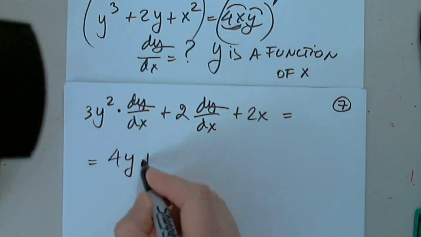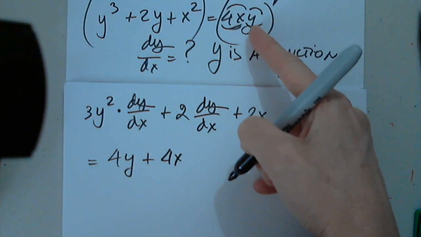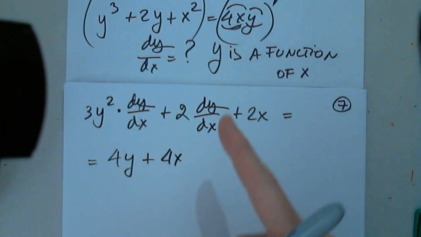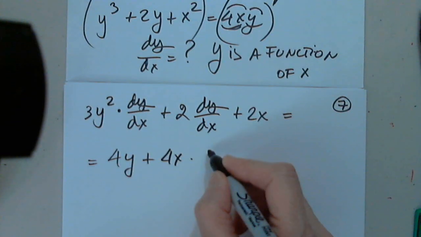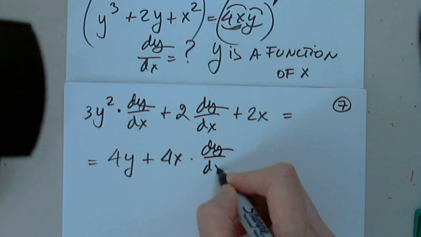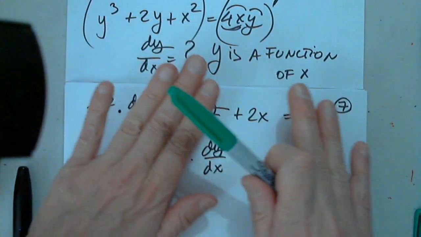Very good. Times y plus the first function times the second function prime. Is it going to be just dy over dx? That's it. At this point, calculus ends here.